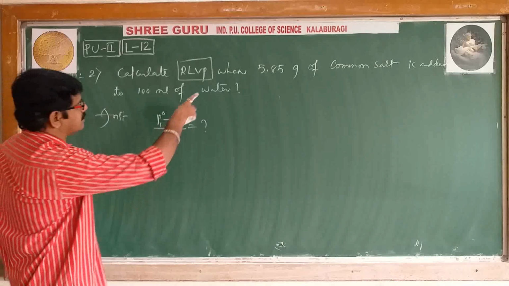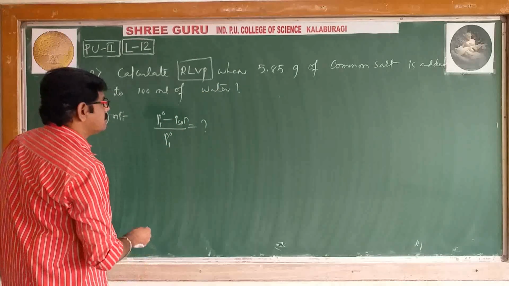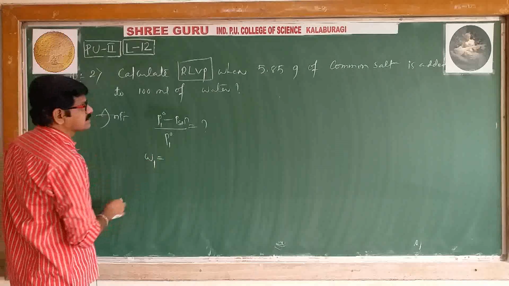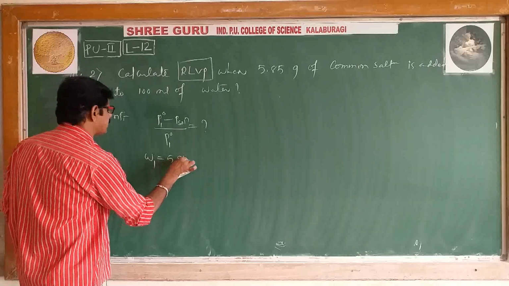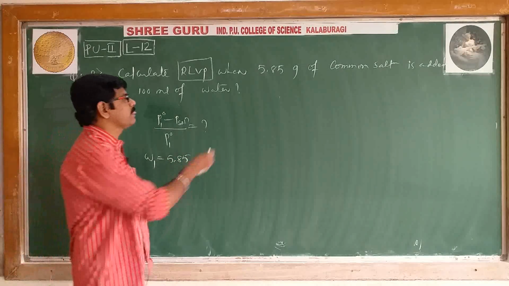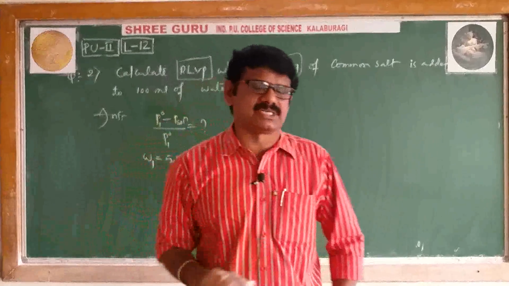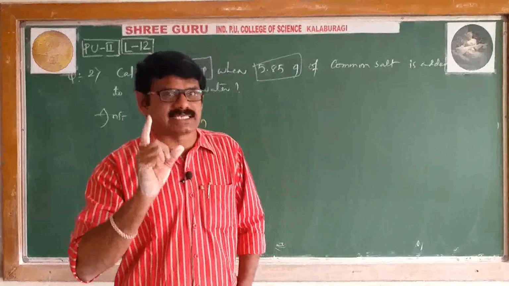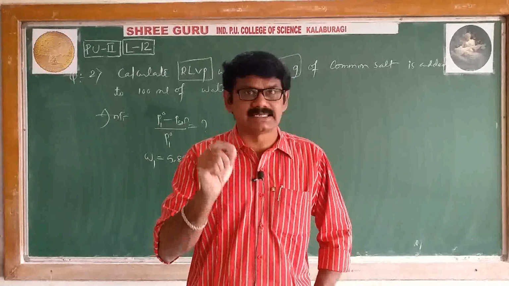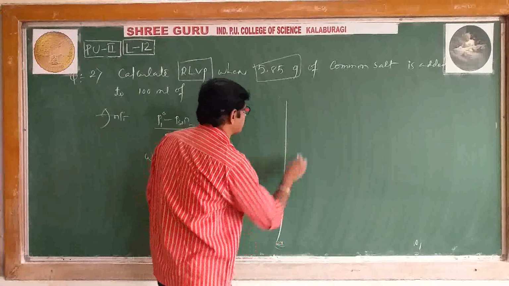Next, he has given 5.85 grams of common salt, the mass of solute. Here 5.85 grams is a considerable amount, remember, considerable amount, that's why the solute mass also will be considered in this question. That's why we have to use this formula here. What formula do you have to use?